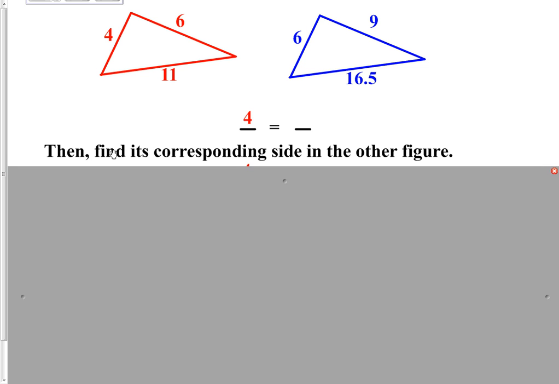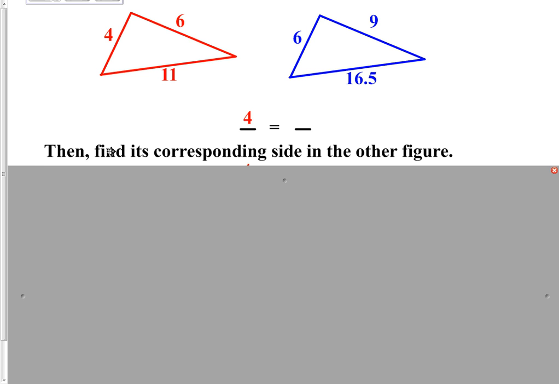Now what we're going to do is find the corresponding side length from the other figure. I picked the smallest value from the figure on the left, so what do you suppose the corresponding side length from the figure on the right will be? It should also be the smallest value.